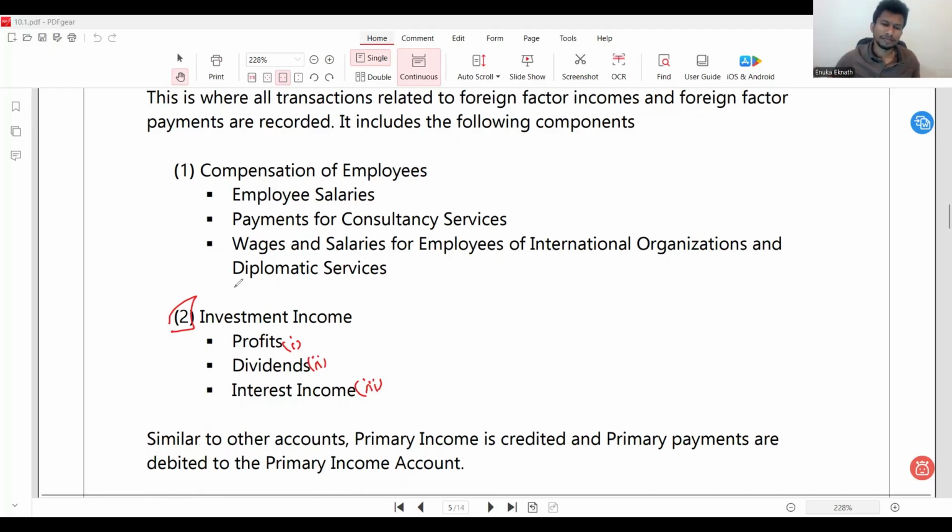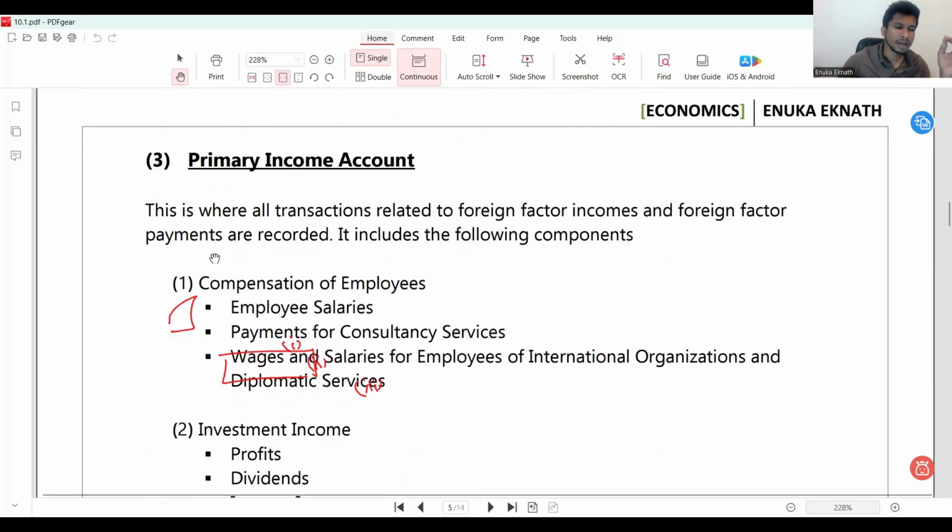See, in the long run, when the FDI comes, that will be initially beneficial for the country. But what happens if they take their dividends back to the main country? There will be a significant payment of primary income. Then what will happen if you check this balance of payment?